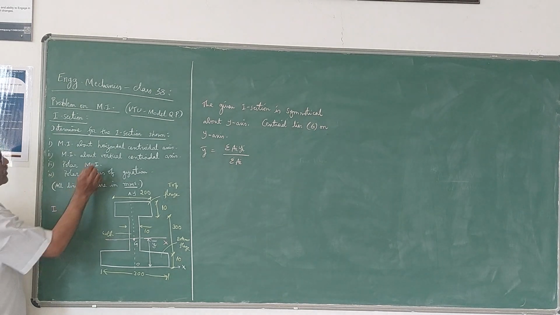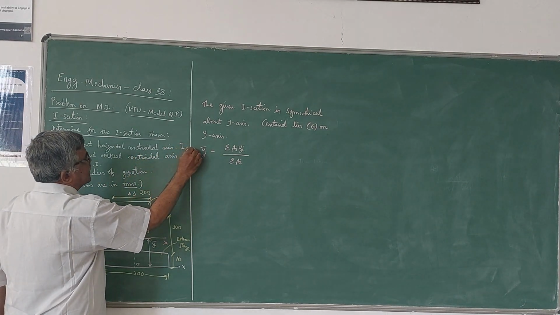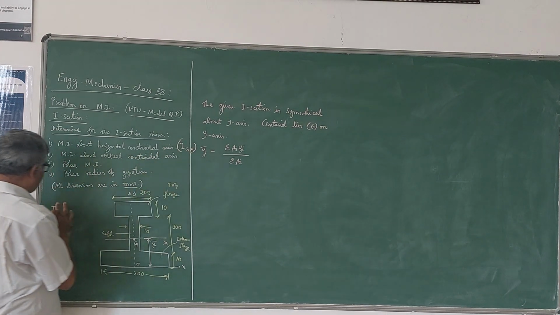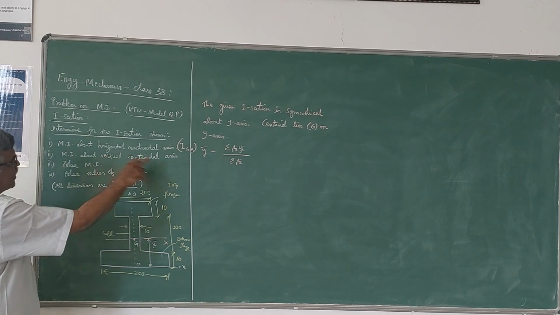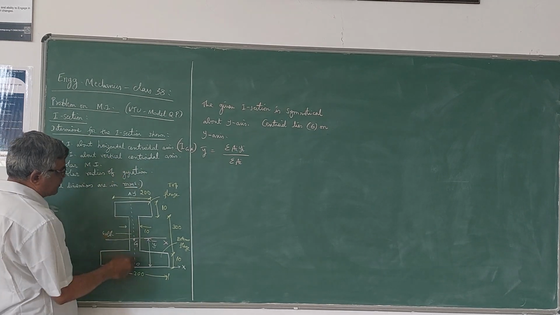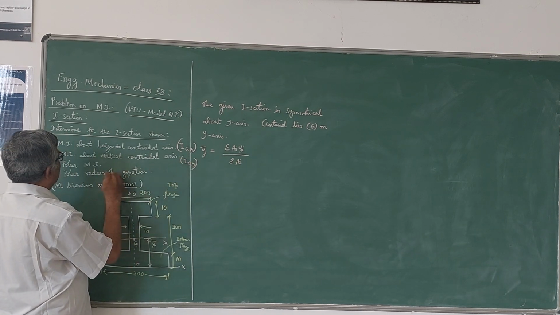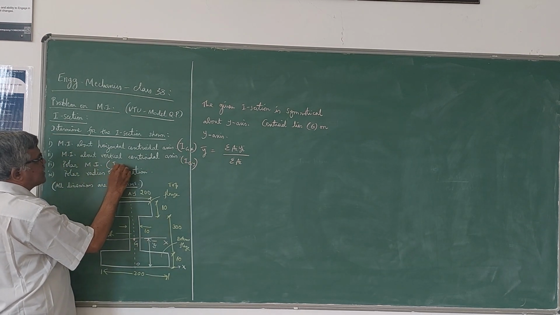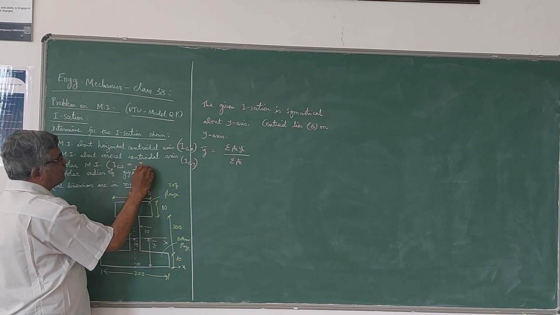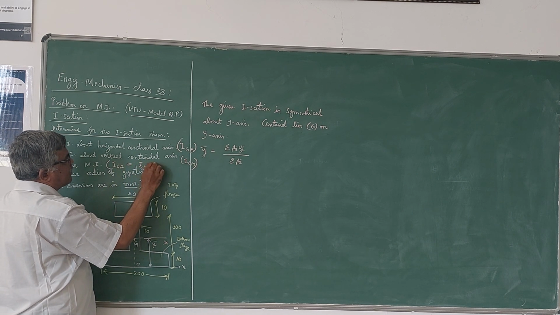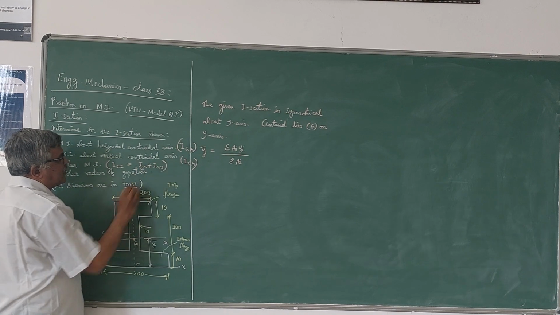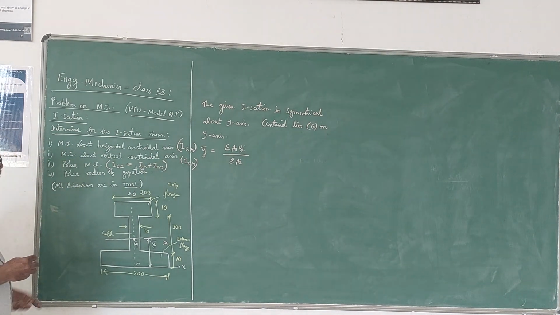The first part is to find IGX, the moment of inertia of the I section about the horizontal centroidal axis. Then we have to find IGY about the vertical centroidal axis. Then we have to find the polar moment of inertia IGZ, which is nothing but the sum of IGX and IGY by the perpendicular axis theorem, according to the definition of polar moment of inertia.